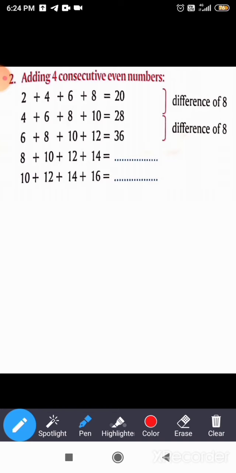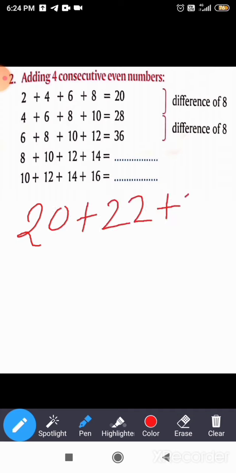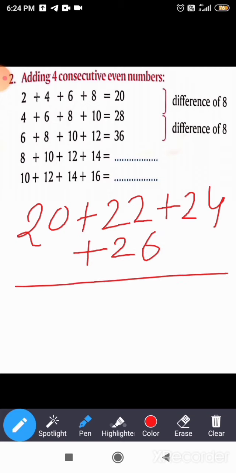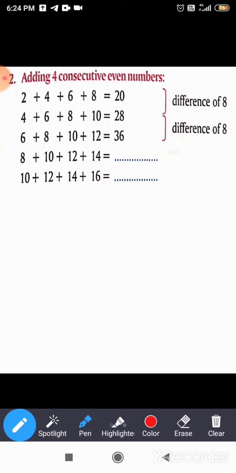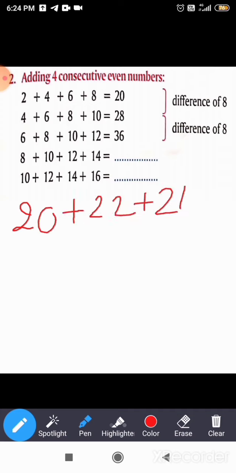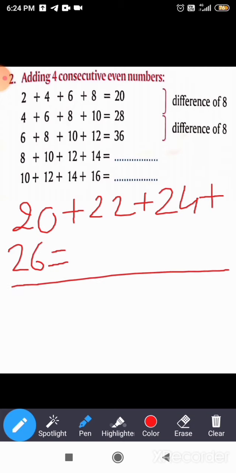For example, we are taking 20, 22, 24 and 26, these four even numbers. So what will be the answer? Again I'll write 20 plus 22 plus 24 plus 26. So what will be my answer?